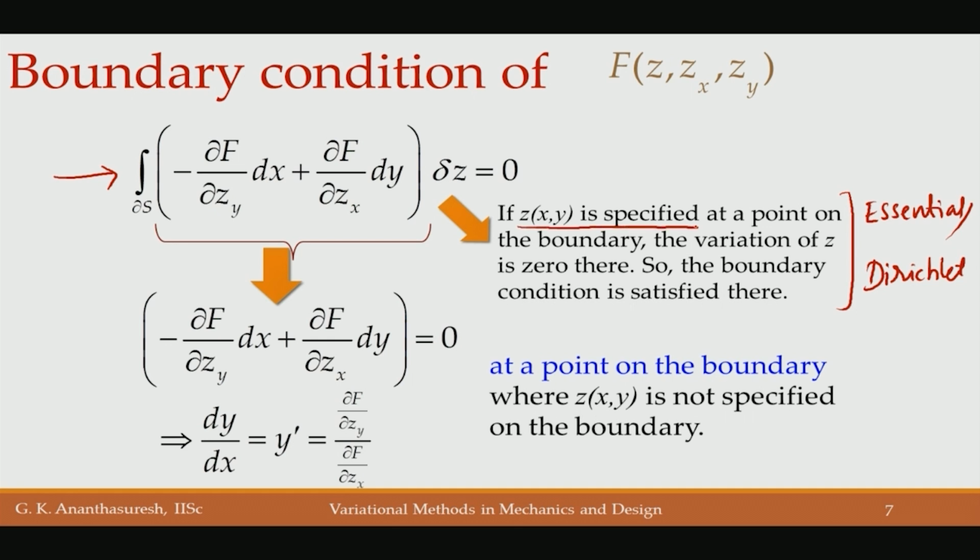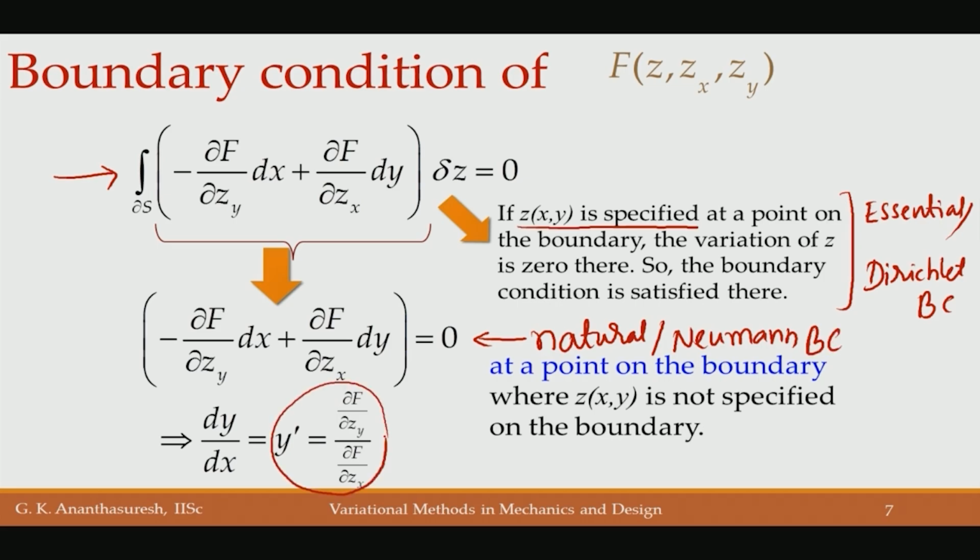There delta z is 0, and the condition is satisfied. In other places where it is not specified, we get this. This is called the natural boundary condition or Neumann boundary condition. This is the boundary condition, BC, and that here means this. So, that is what we had derived last time.